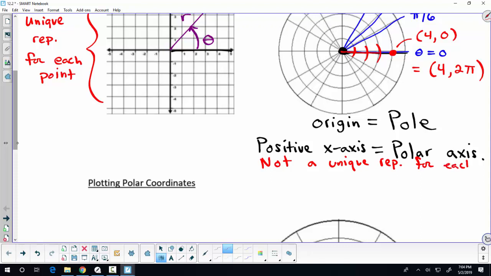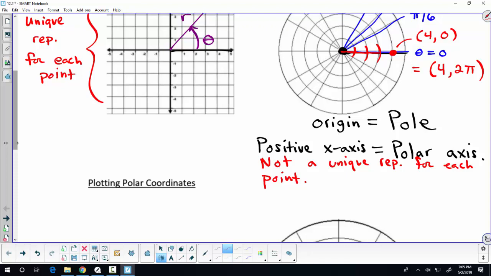So each Cartesian coordinate has an infinite amount of polar coordinates. But going from a polar coordinate to a Cartesian coordinate, there's one. So going from Cartesian to polar, or polar to Cartesian, we'll talk about the conversion of that.